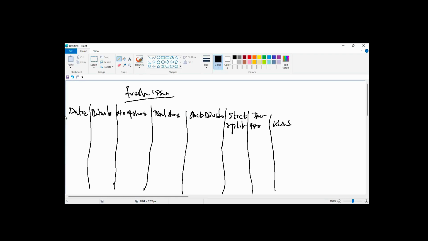Is it Fresh Issue? Fresh PLC. So there's no Fresh Issue or Fresh PLC.